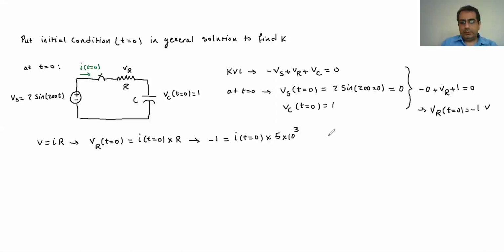In other words, the I at T equal to 0 is going to be 1 over 5,000, in amps. So now we know the magnitude of the I at T equal to 0, so I can go ahead and apply the initial condition to the general solution.